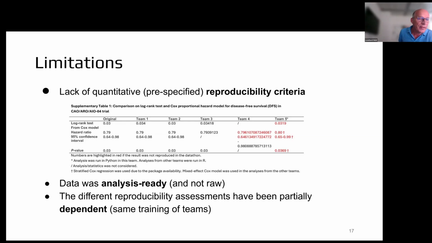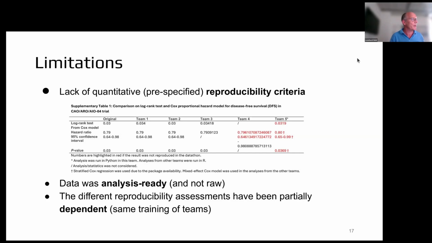Looking back at this datathon, we should have actually pre-specified quantitative reproducibility criteria from the start to better define what it means that we are able to reproduce a hazard ratio of 0.79 or not. And that involves aspects like rounding and how many digits you want to report your results.